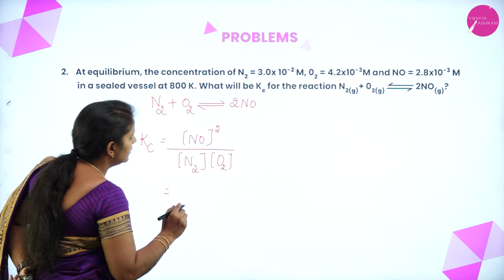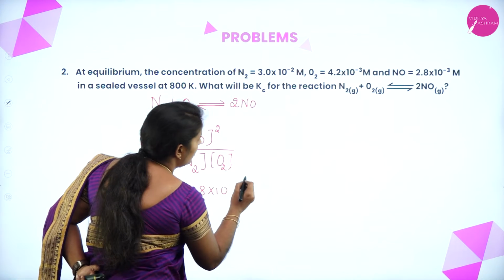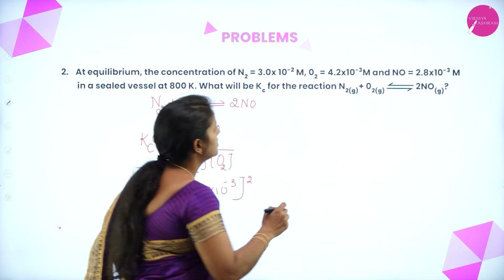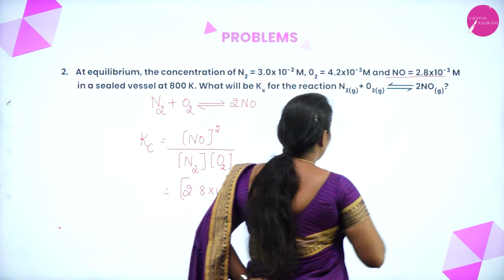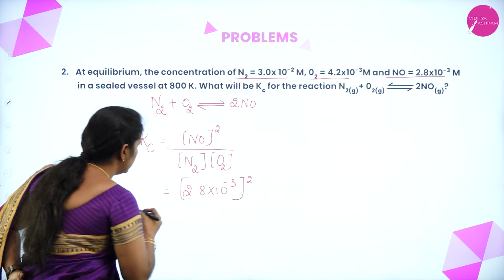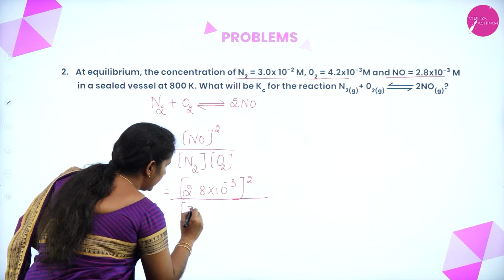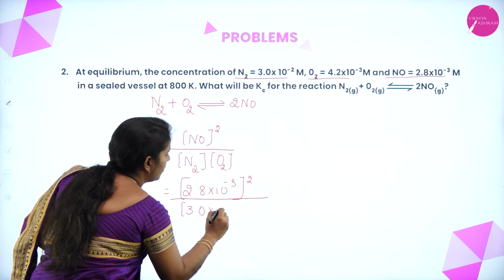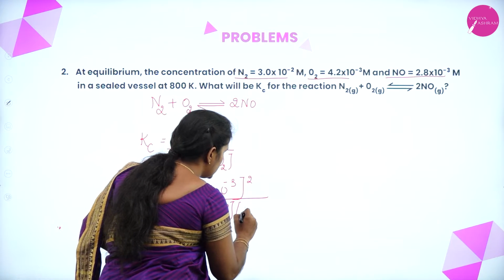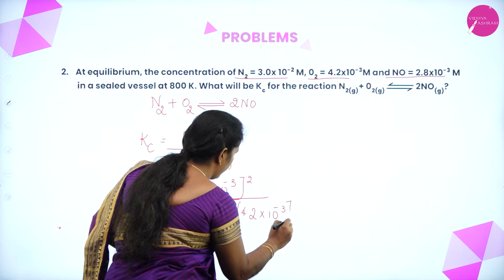For NO, that is 2.8 into 10 to the power of minus 3 whole to the power of 2. So, this is a value. Similarly, they have given the values for nitrogen as well as oxygen. I'll consider the molar concentration of the nitrogen as 3.0 into 10 to the power of minus 2 into the molar concentration of oxygen, 4.2 into 10 to the power of minus 3.